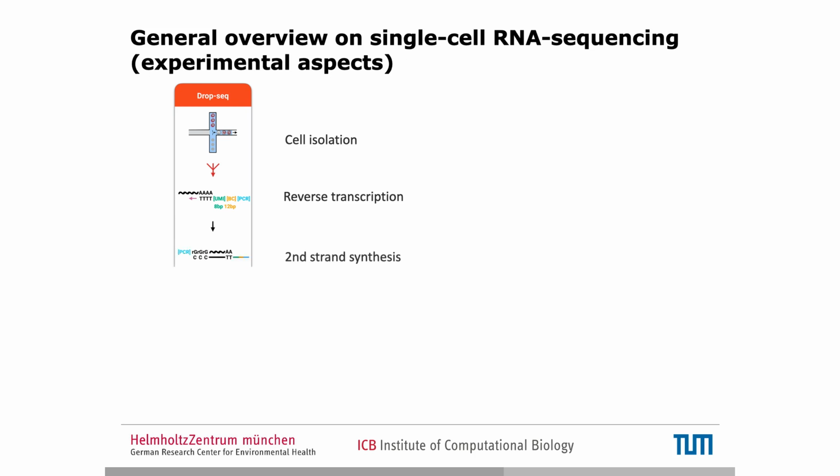Then we synthesize a second strand, and finally, to increase our signal, we have to amplify our molecules by cDNA amplification. Usually we use here a PCR, so polymerase chain reaction, to create multiple copies of our cDNAs, or there's also the so-called IVT protocol.